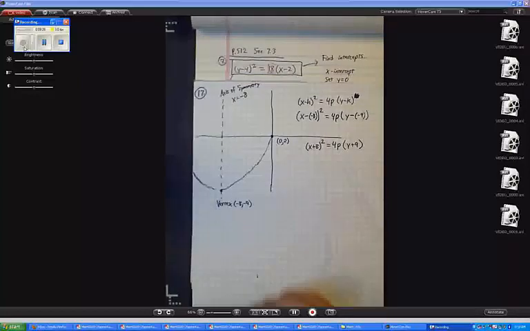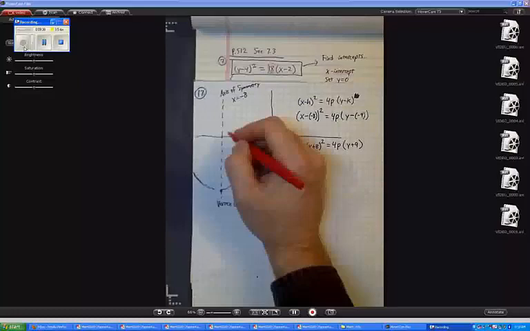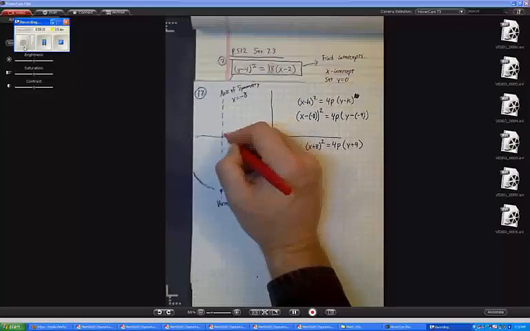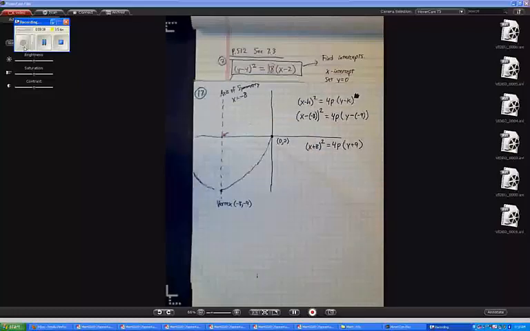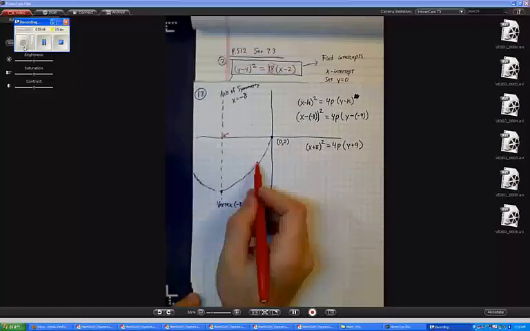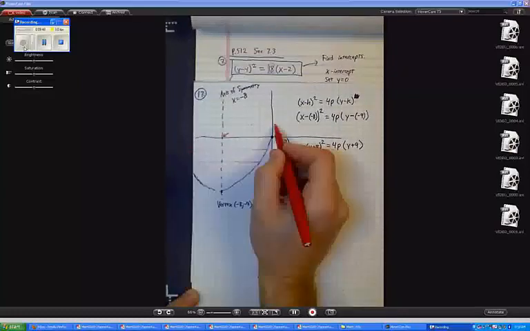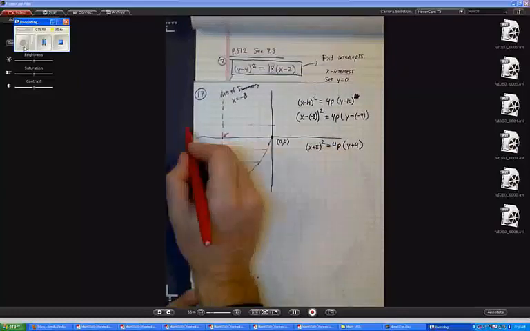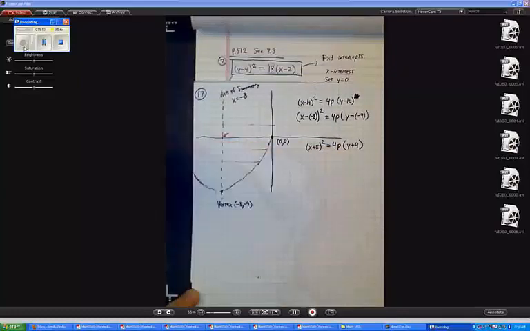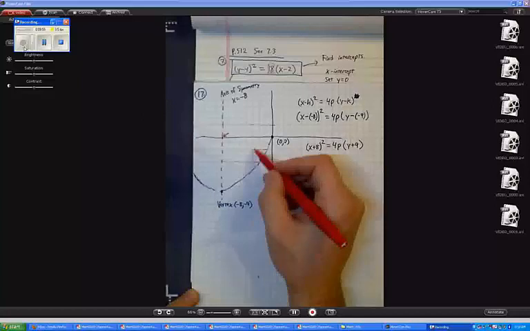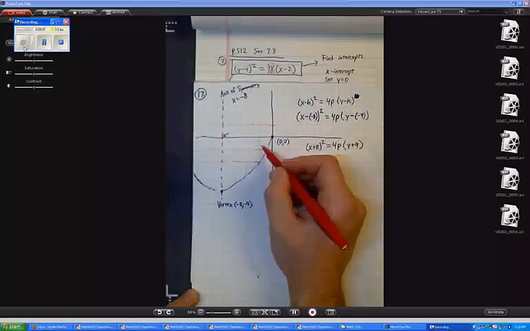You say the focus is right here? How do you know? But how do you know that the latus rectum isn't here? Or here? Or up here somewhere? Well, aren't these different numbers? These lengths are all different, right?